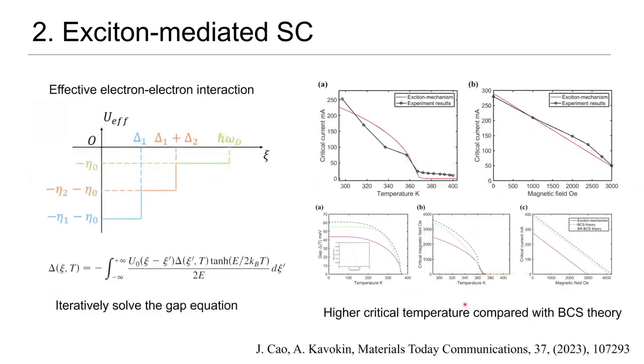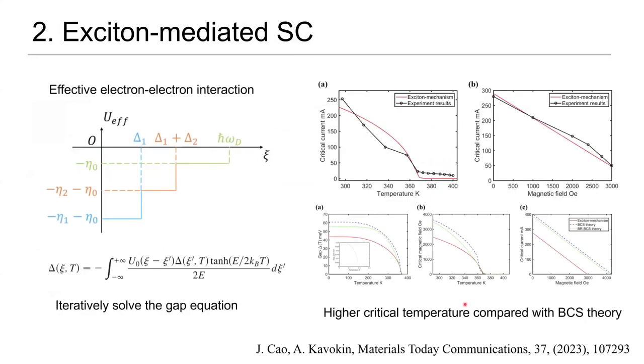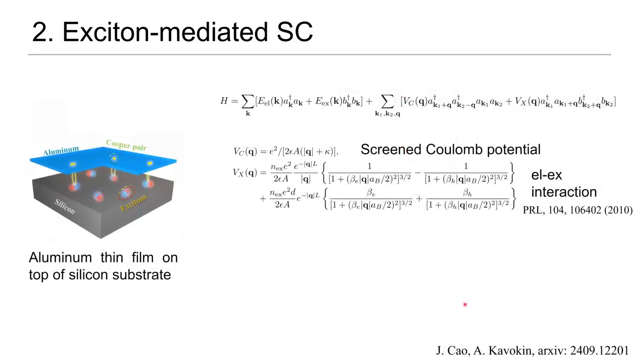Actually, it is based on this potential Vx of Q. You see there is an electron term and a hole term, and the hole term is neglected, but the electron term depends on the concentration of excitons, on the Bohr radius, on the masses, and the average distance between the free electron layer and exciton layer, and also a dipole moment. I think G is the dipole moment of the exciton. So all these parameters are accounted for.